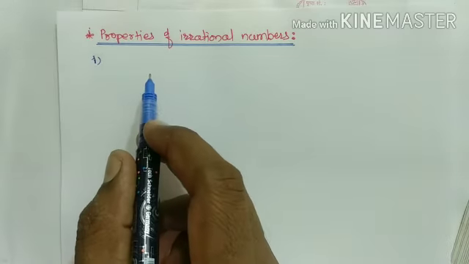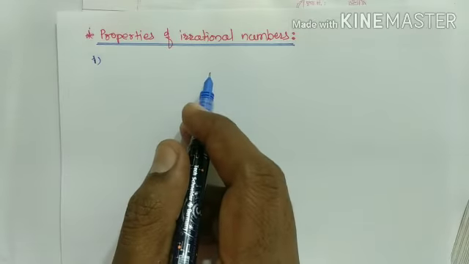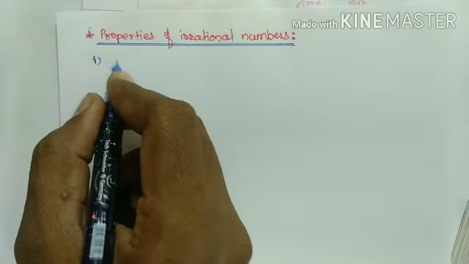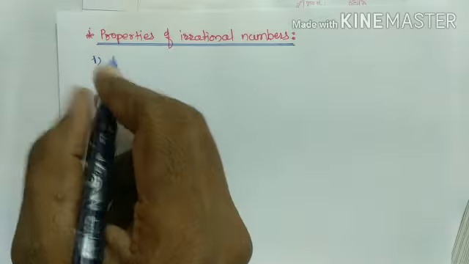Now the next point is properties of irrational numbers. Here the first property is: addition or subtraction of a rational number with an irrational number is also an irrational number.